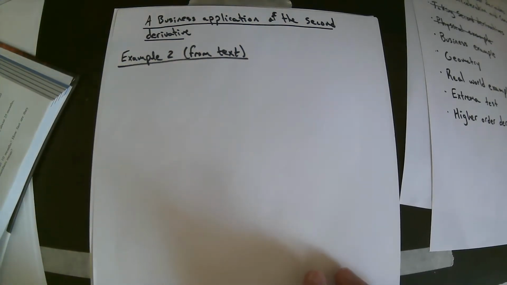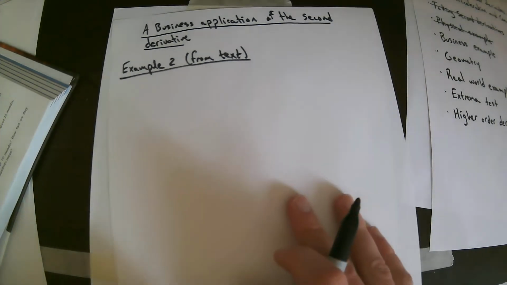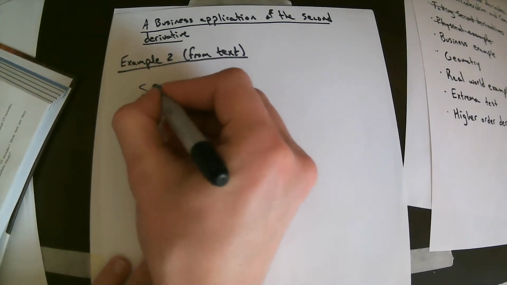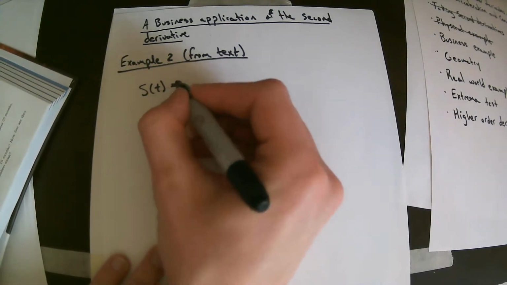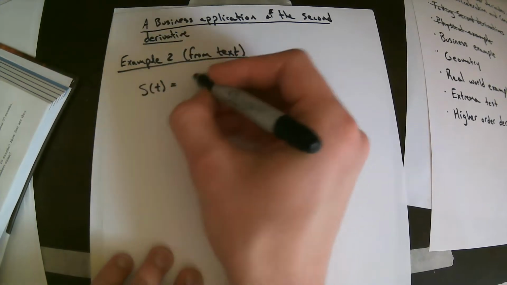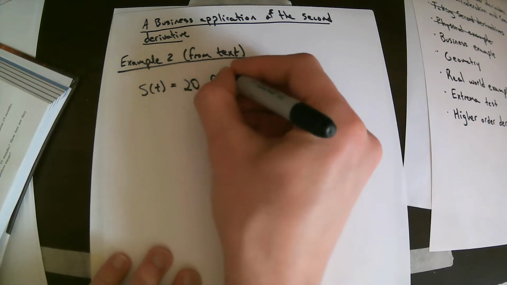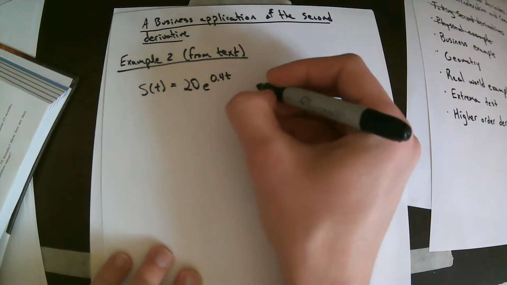So it says, for the first 15 months after the introduction of a new video game, the accumulated sales can be modeled by the curve capital S of t, so for sales, is 20 times e to the 0.4 t units sold.